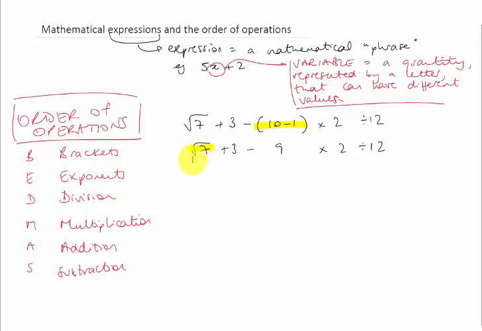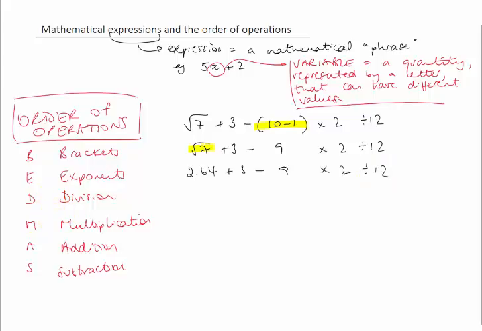Here I see an exponent, so square root of 7 is the same as saying 7 to the power 1/2. This counts as an exponent. So if I calculate that in my calculator, I'm just going to use 2 decimal places here, it's 2.64 plus 3 minus 9 times 2 divided by 12. Okay, so we've done that.